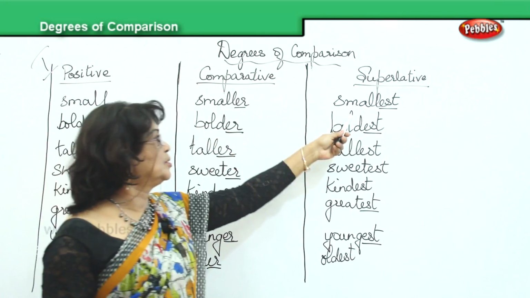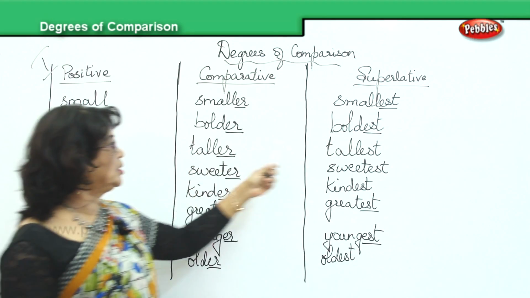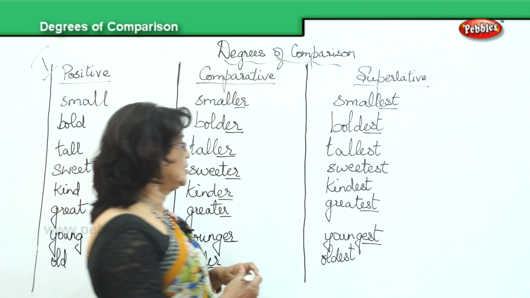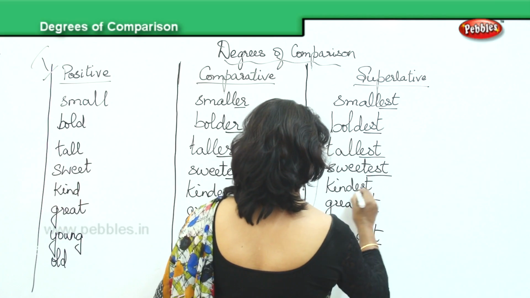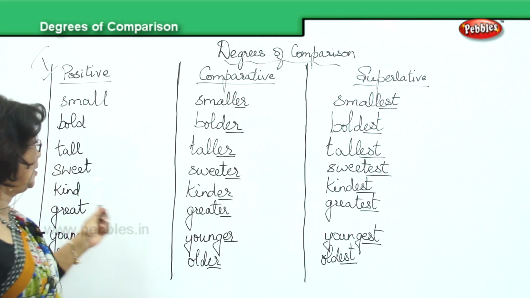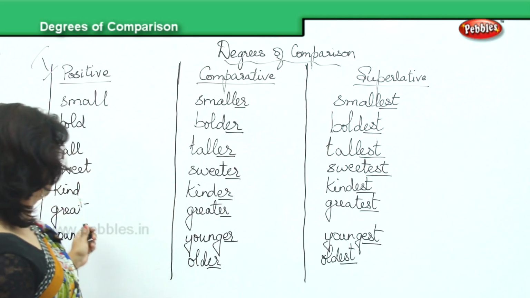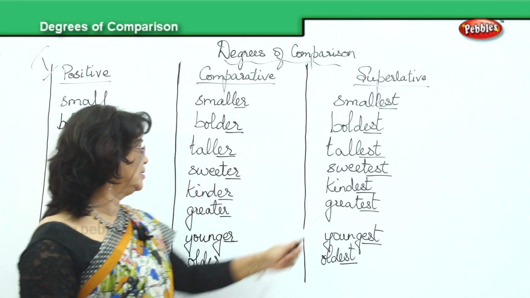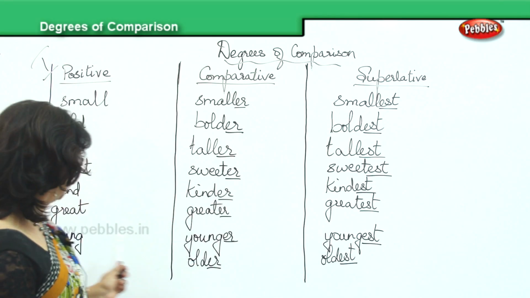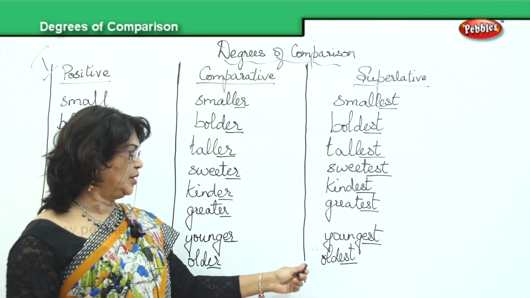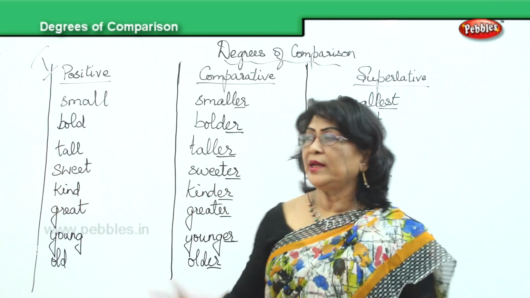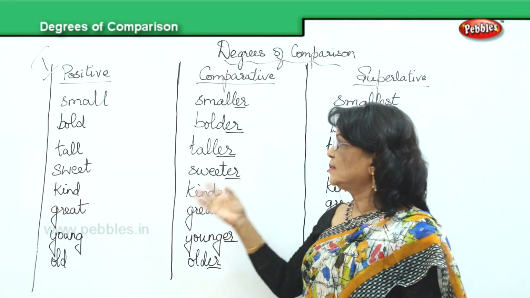Small, smaller, smallest. Bold, bolder, boldest. Tall, taller, tallest. Okay, then sweet, sweeter, sweetest. Kind, kinder, kindest. Great, greater, greatest. Young, younger, youngest. Old, older, oldest.